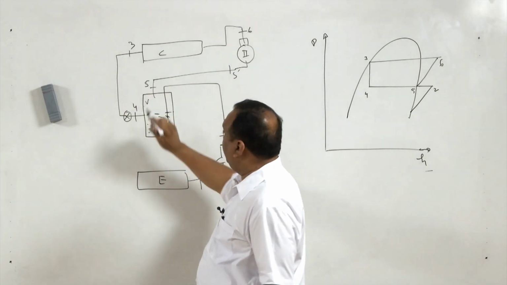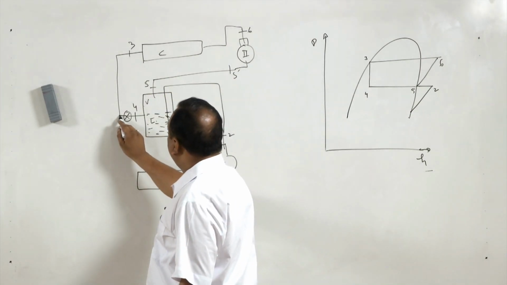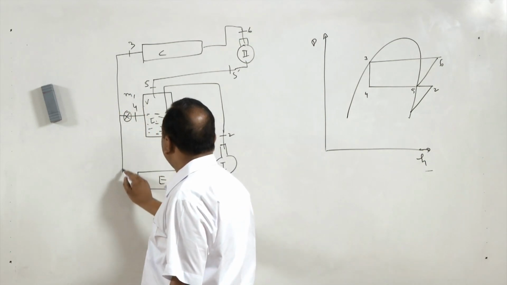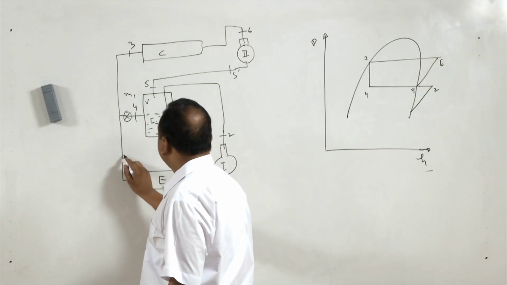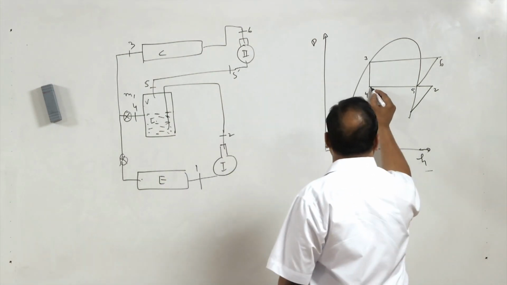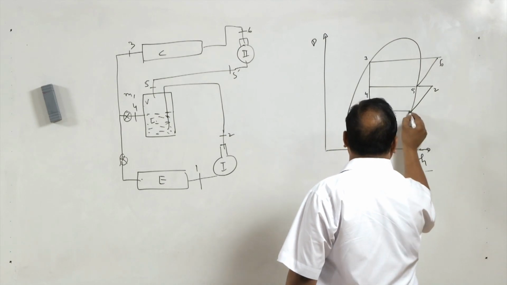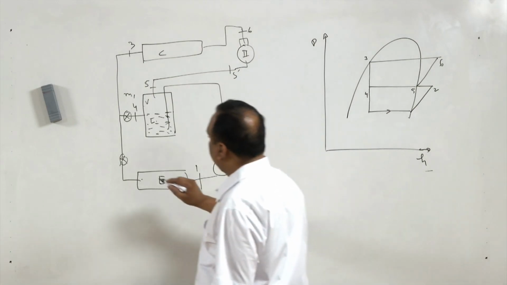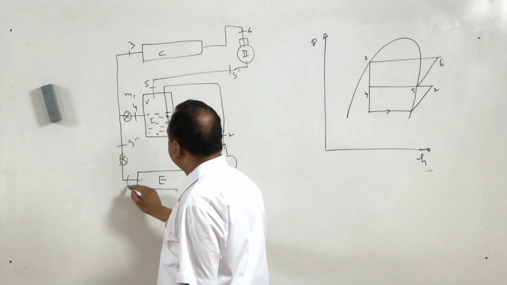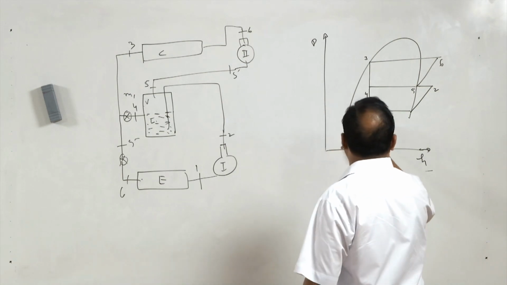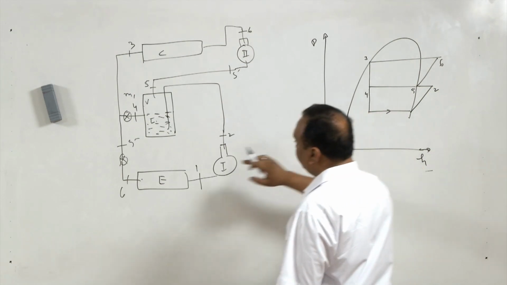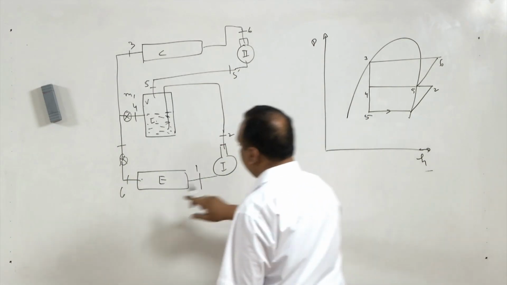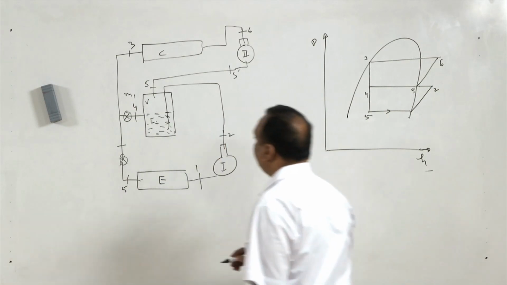Now in this arrangement, suppose M1 is taken here, so 1 minus M1 will go to the evaporator and here also expansion will take place. So the remaining part will go to the evaporator and the refrigerating effect will be attained, from 4 to 5.